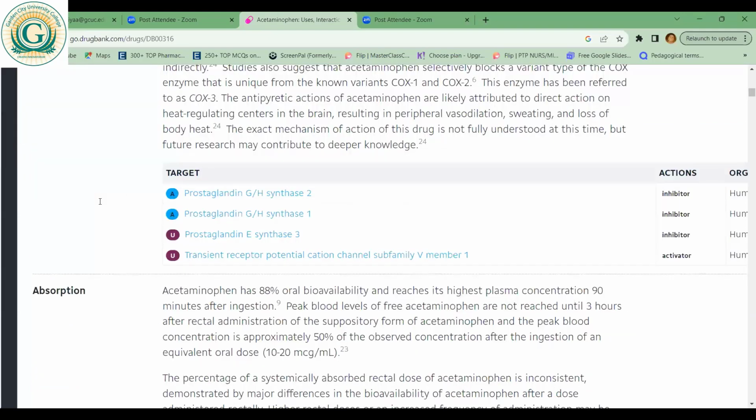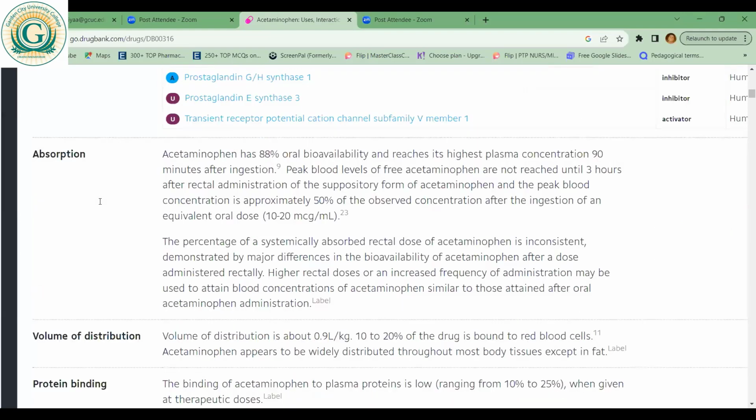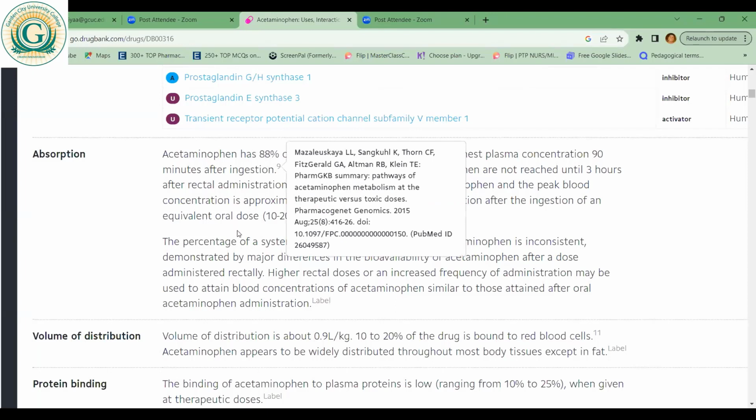So we are talking about bioavailability, and here is the oral bioavailability of acetaminophen. They will always qualify whether it is oral, intravenous, or intramuscular. When we say oral bioavailability, we are talking about the quantity of the drug that would be available when you use the oral route.